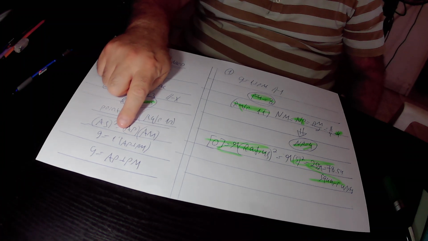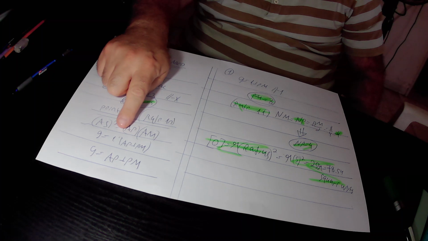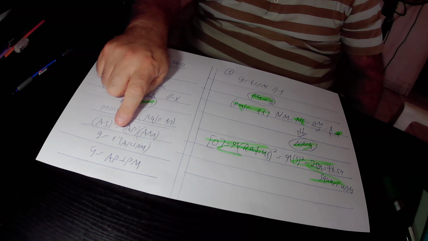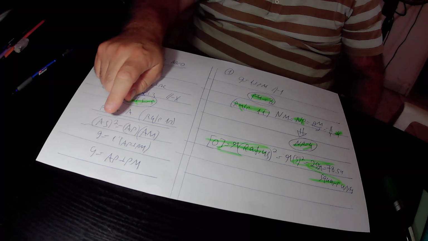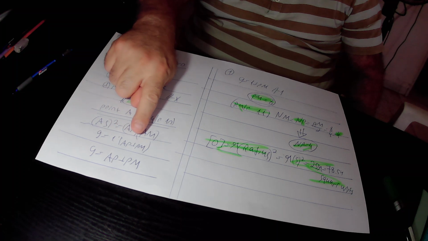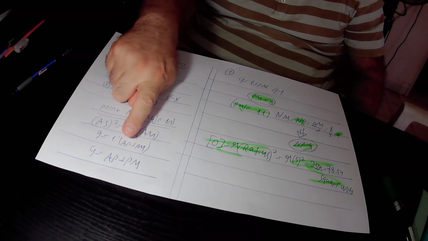Here, you can either open the brackets, 1 times AP is AP, 1 times PM is PM, or you can also ignore the 1, because anything multiplied by 1 will not change its value. So anyway, we get 9 equals AP plus PM.